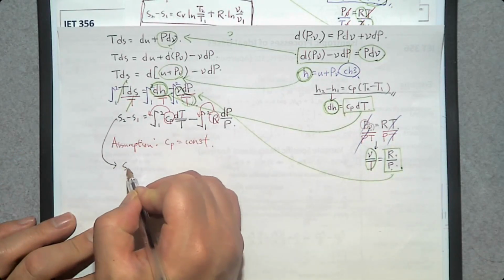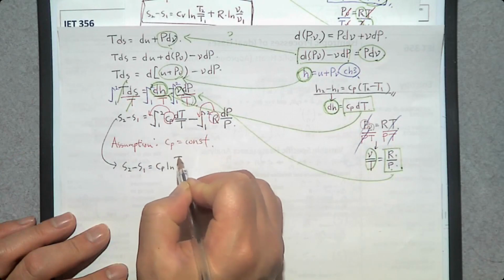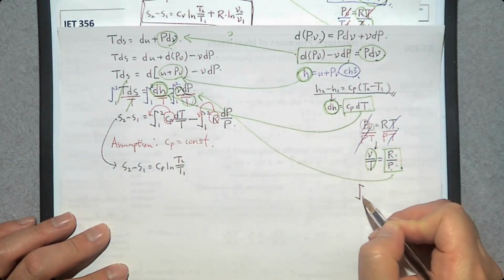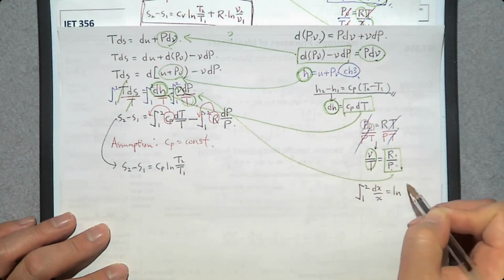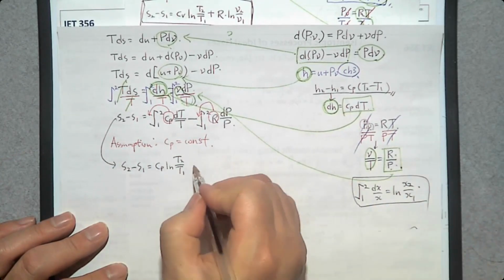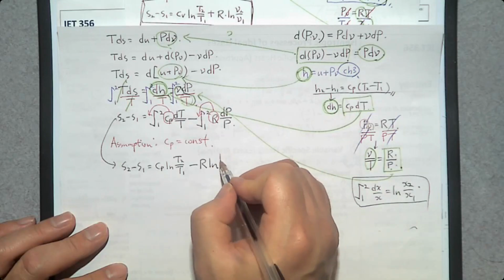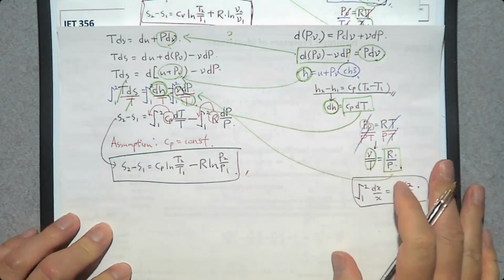So this equation becomes S2 minus S1 is going to be Cp natural log T2 over T1, because the integral of dx over x is going to be natural log x2 over x1. So we do the same, minus R natural log P2 over P1. So there's another equation.